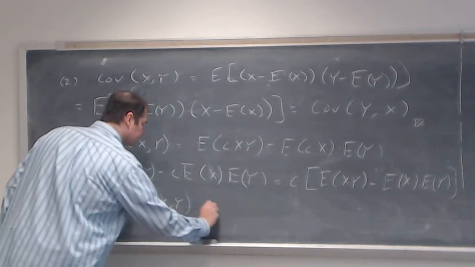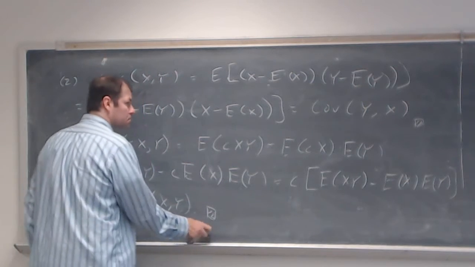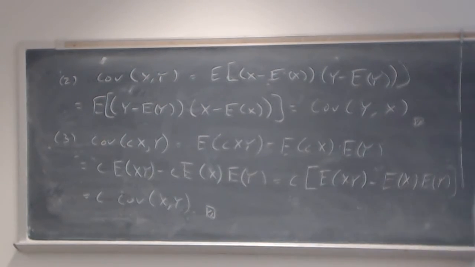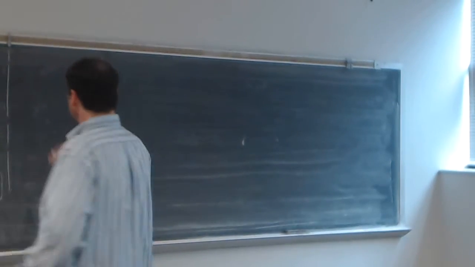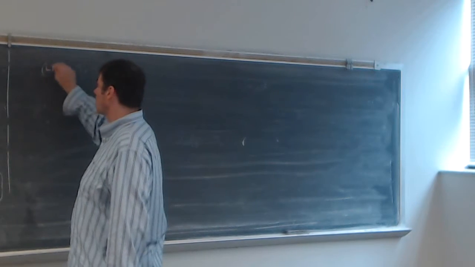Okay, that ends part 3. Let's do the last fact. And we'll use the covariance formula fact to generate the proof. Okay, so for fact 4, remember what we're doing.